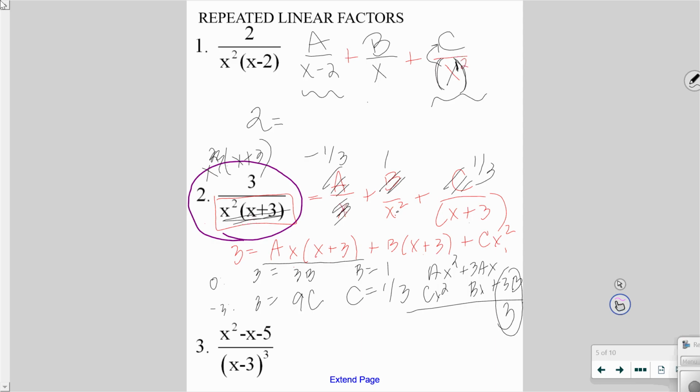If C is 1/3, I don't have an x squared over here, so A has to be its opposite. So A is negative 1/3. I didn't use this line at all, so I could check myself. 3 times negative 1/3 plus B, which is 1, has to be 0. And it is. So it's kind of a built-in check. We're going to have a couple of built-in checks today.